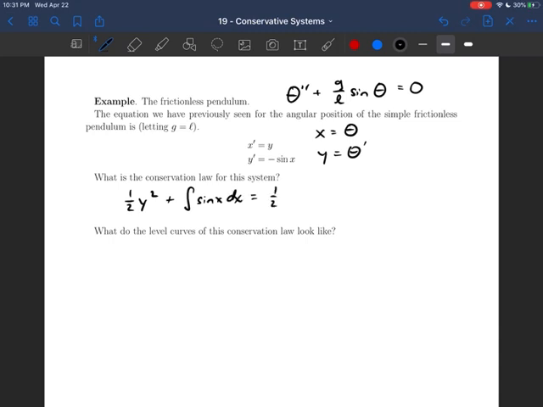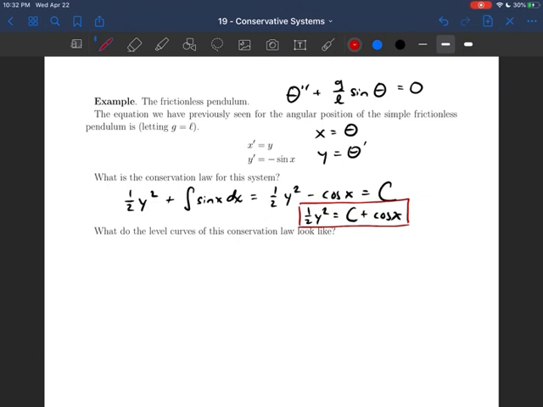So what is the conservation law for this? Well, our rule said that it would be 1/2 y squared plus the antiderivative of f, which in this case is sine x dx. So that's 1/2 y squared minus cosine x, and that will have to be equal to a constant.